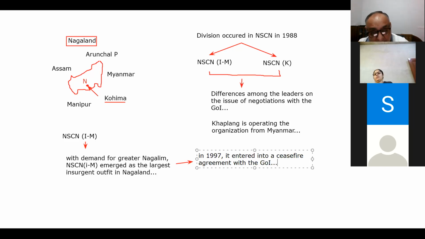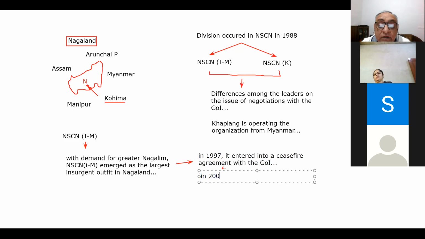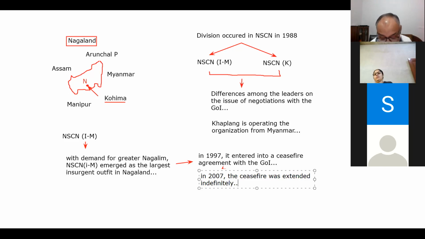So the ceasefire continued, and in 2007, for 10 years किया था पहले, the ceasefire was extended indefinitely. So ceasefire को further extend कर दिया, means for an indefinite period it was extended.